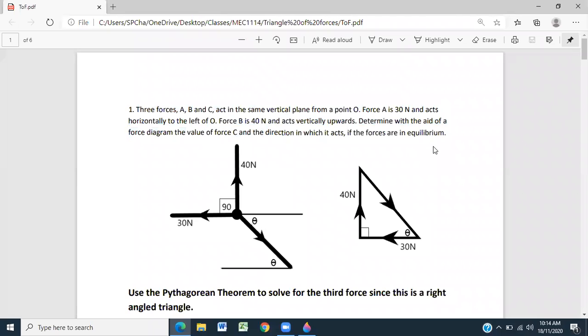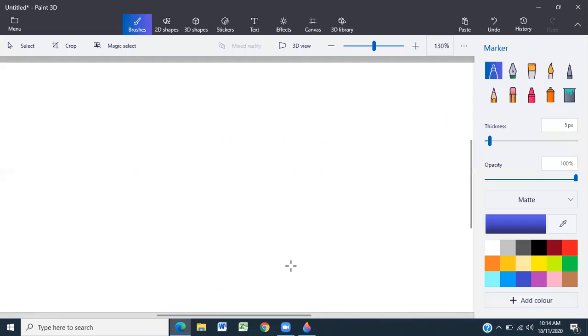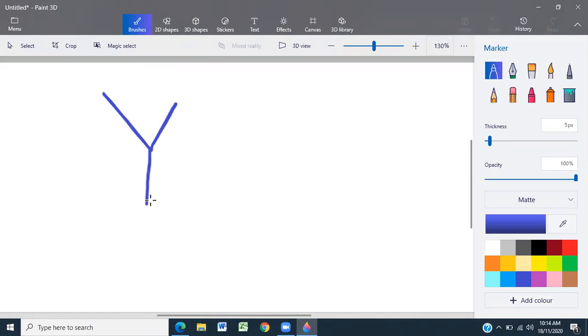All right, so in class, Mr. taught you guys about the triangle of forces, right? So when we have forces in equilibrium, like just a bunch of forces acting on a point, they usually form a closed polygon.